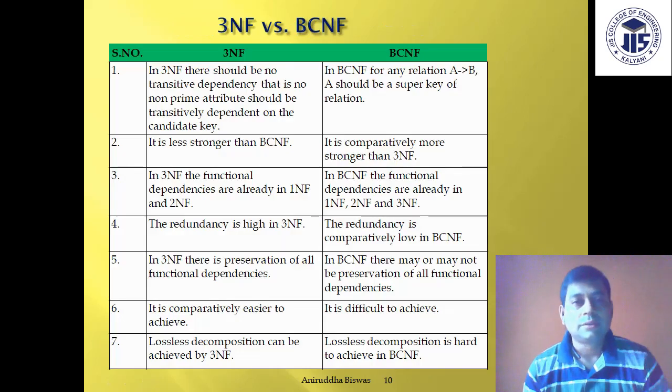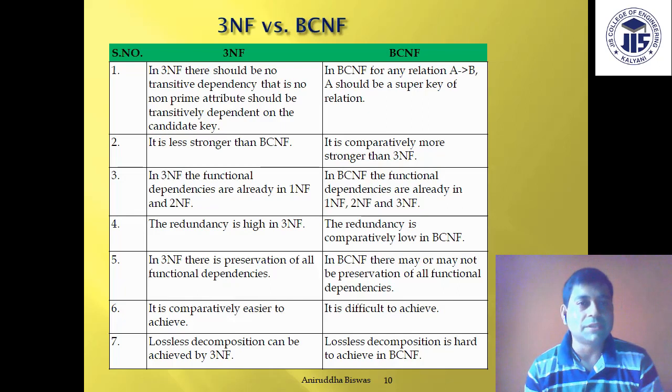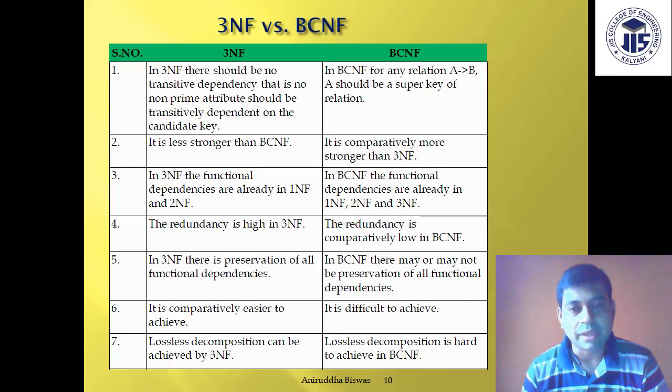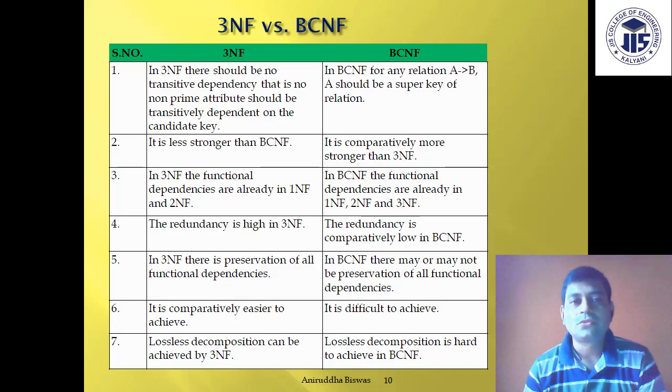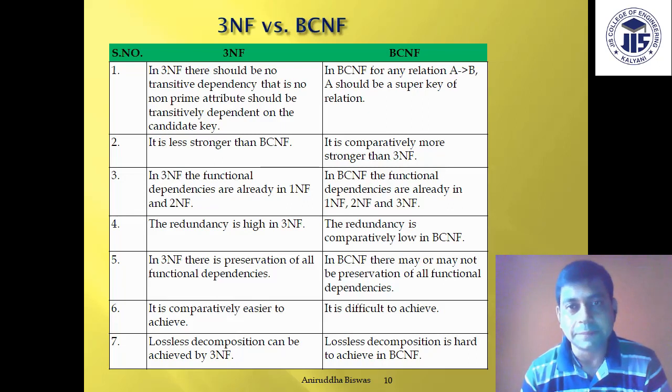Now, in this particular slide, we will tell you about the difference between 3NF and BCNF, and this is very, very important from the perspective of exams and understanding as well. So let's talk about 3NF first. 3NF is the third normal form, and the first key point is that there should be no transitive dependency, that is, no non-prime attribute should be transitively dependent on the candidate key.